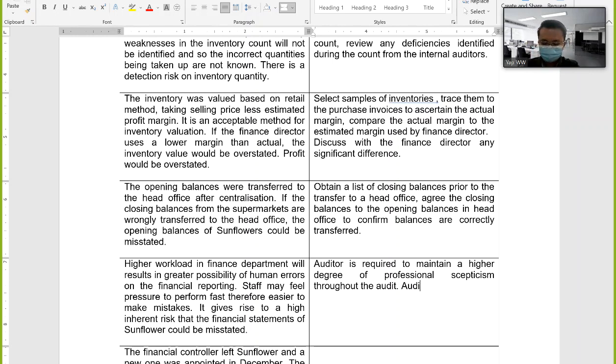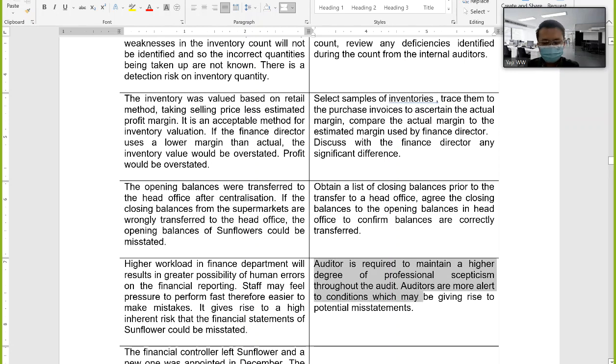Okay, auditors are more alert to conditions which may be giving rise to potential misstatements. Okay, this is the answer.